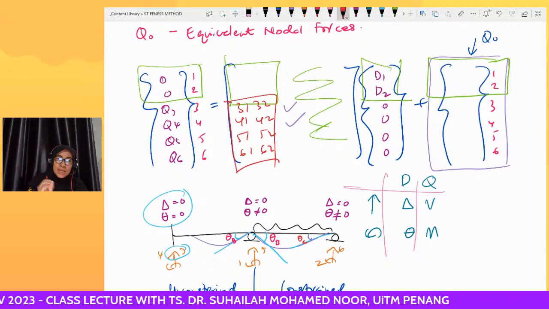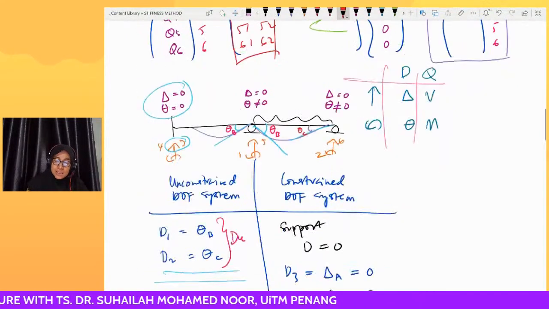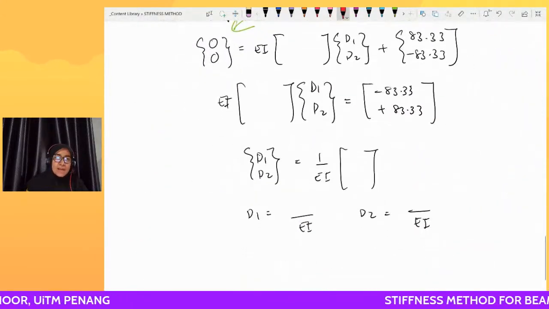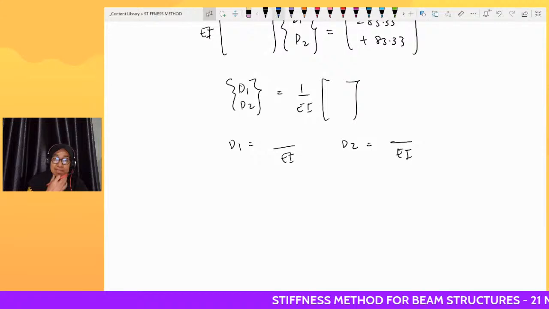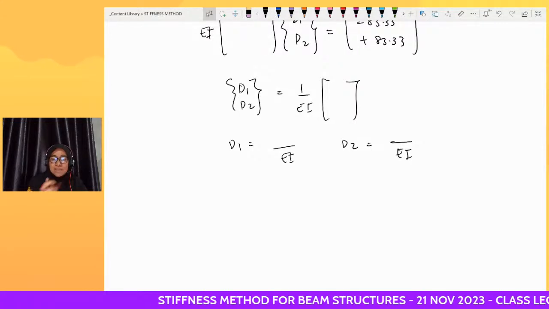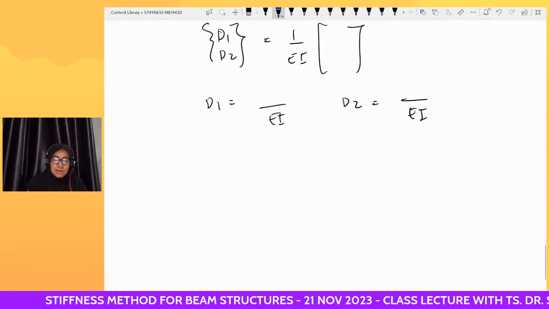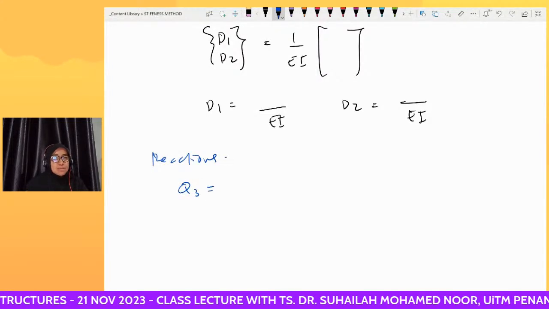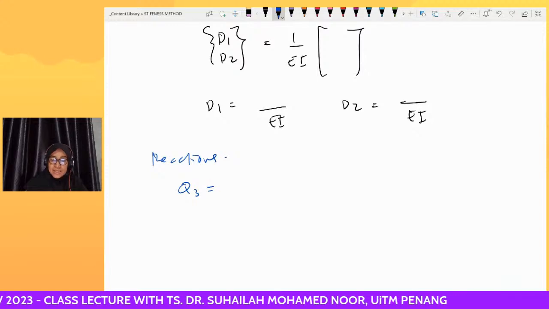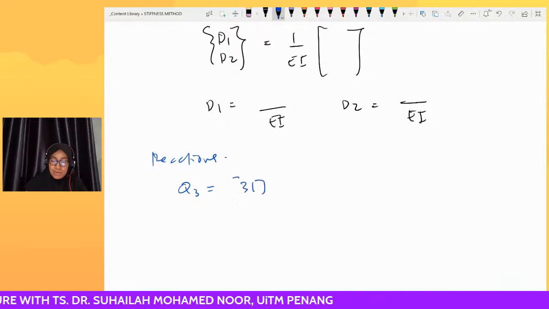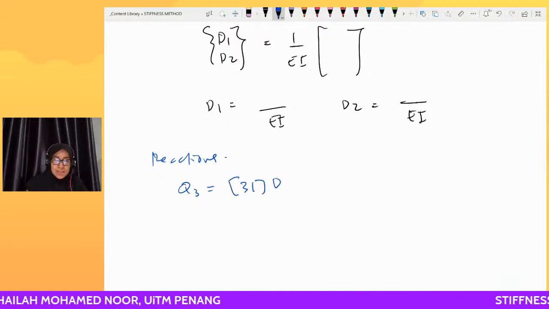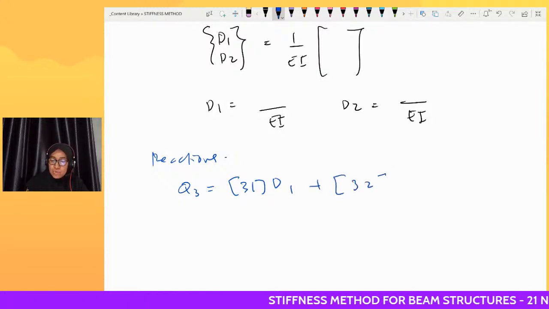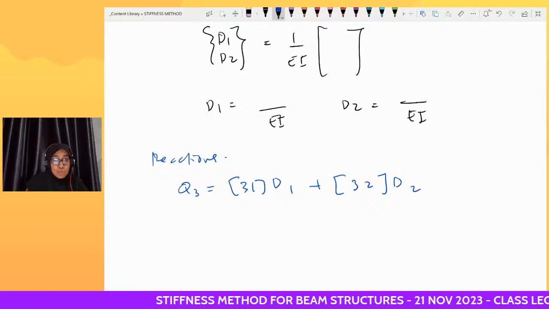Remember, we discussed this in quite some detail under truss analysis previously during the online session as well. To calculate reaction Q3, it is actually the value at position 31 times D1, right? And the value at position 32 times D2.